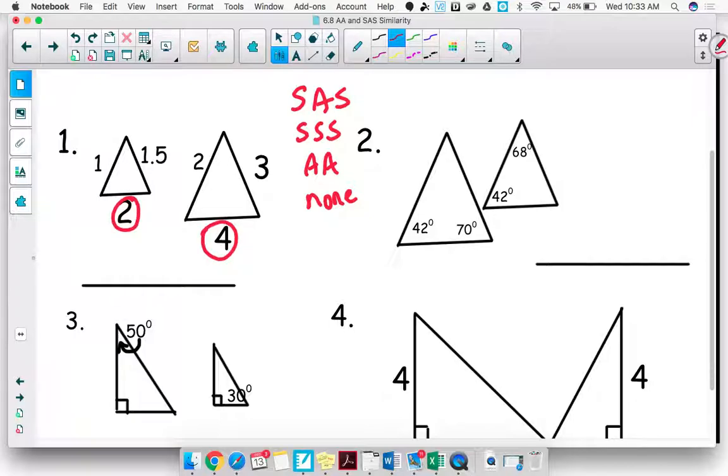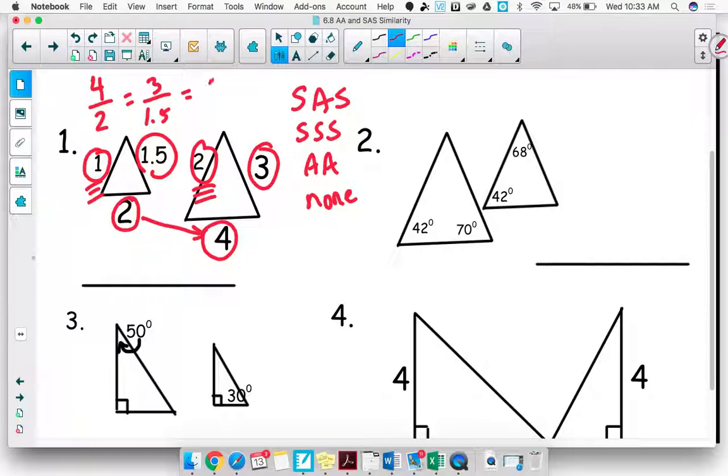We look at 2 and 4, and I look at that scale factor. I'm just going to write it as a proportion of big over small. 4 over 2 should equal, same thing when I match up the next set of sides, 3 divided by 1.5, which, if you look at the third set, 2 over 1.